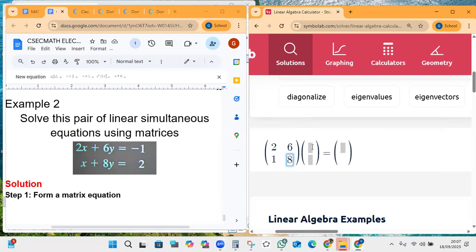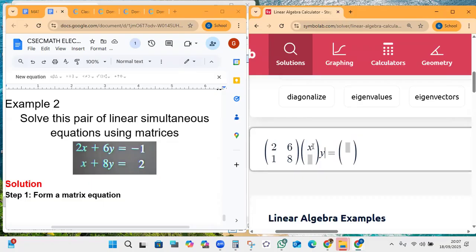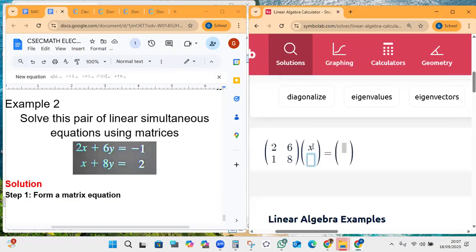Now we have to make a column matrix with the letters, x and y. Equal, and then make a column matrix with the constants. Here is our matrix equation.